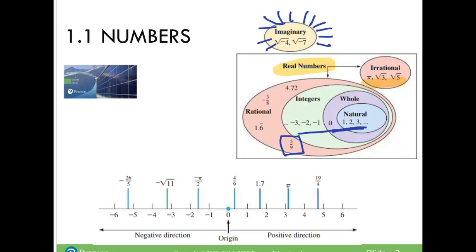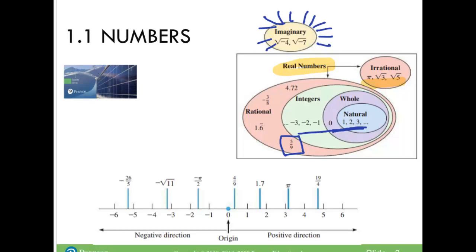Also, with these numbers, these ratio of two integers, we want to consider where they lie on the number line. And now notice this is a real number line, so we don't have any imaginary numbers on this at all. These are all real numbers. So real numbers can be things like pi, which is irrational, or it can be 1.7, which is rational.